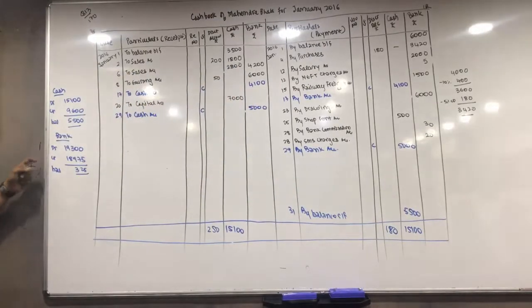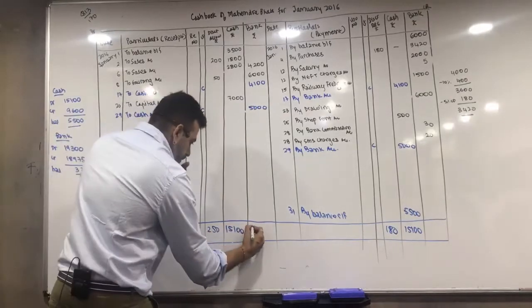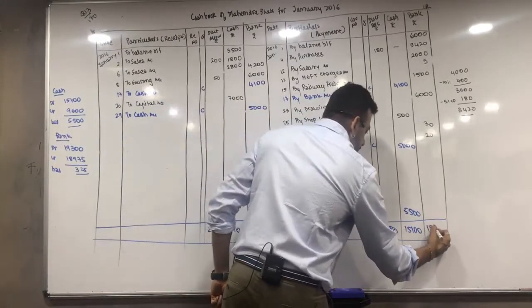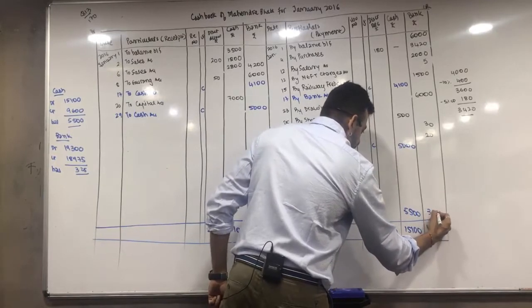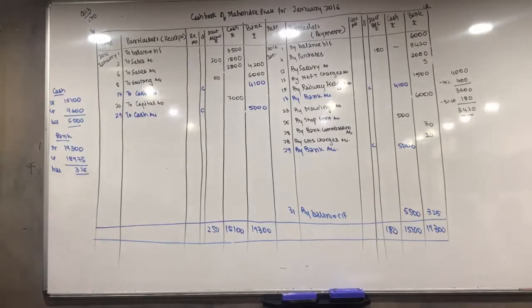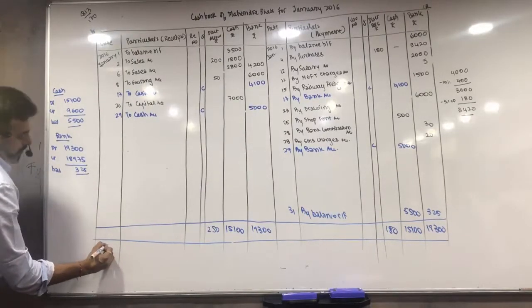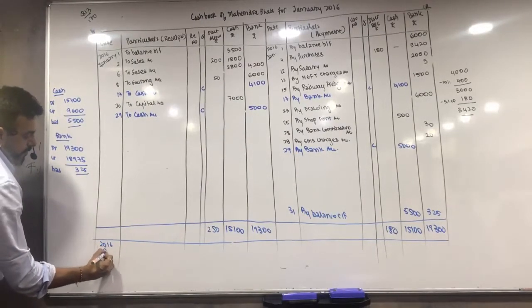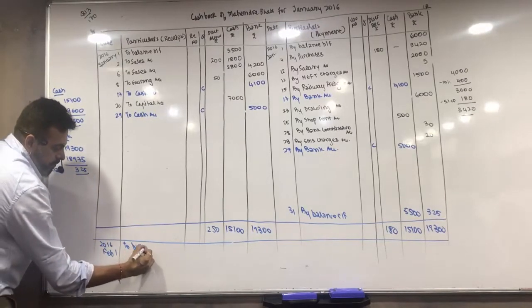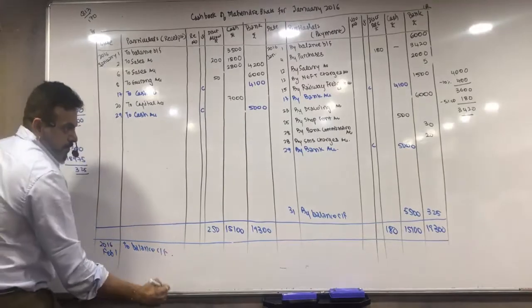Bank, debit side is more. 19,300 and 19,300, and 325. Is the sum over? No. We have to transfer it. 2016, February 1, to balance carried forward.